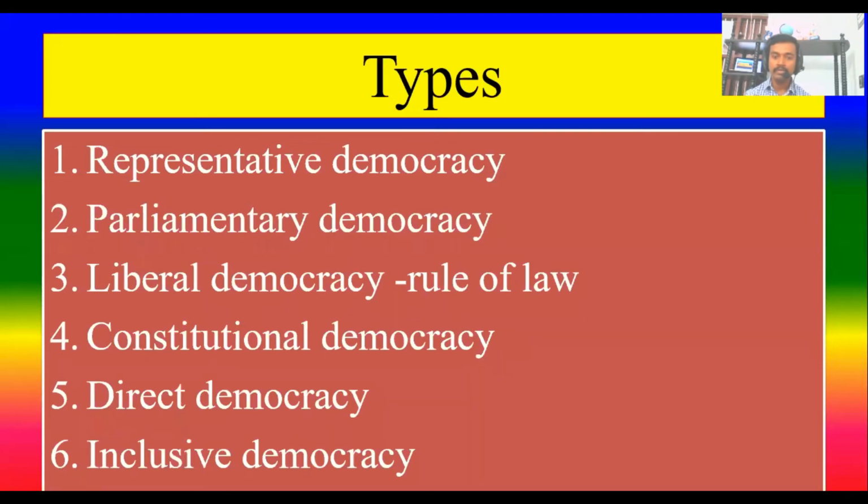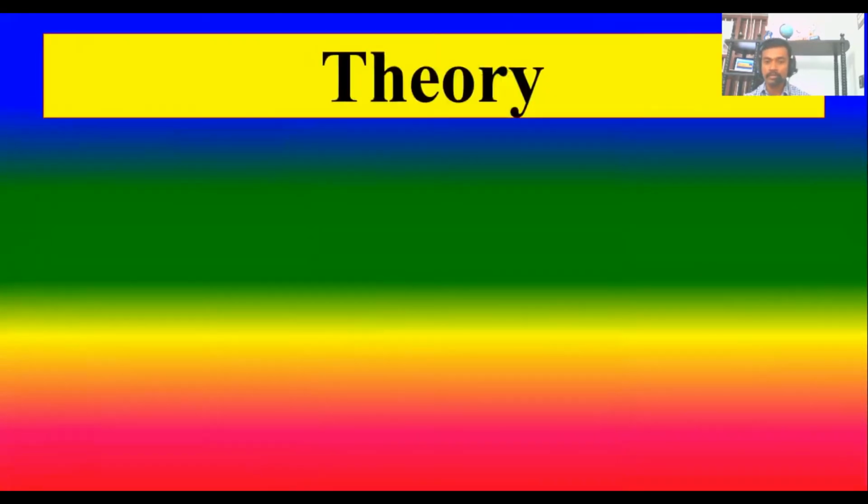So India is which type of democracy? All types of democracies are included in India, mainly parliamentary, then constitutional, inclusive, which means every person is included, then representative. So every type of parliamentary system has democratic principles included.